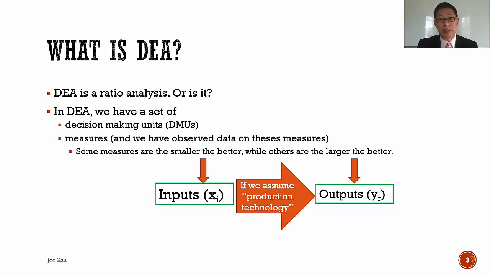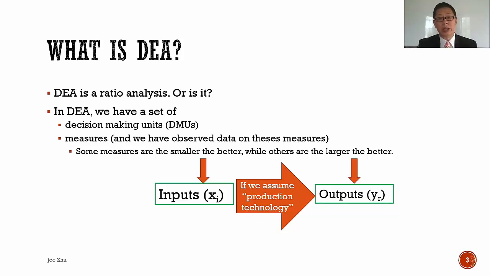In DEA, and later on I will talk about it, if it's used as a benchmarking tool, you basically group the measures into two groups, at least two groups. There are papers published that deal with the measures that do not fit into these two groups. So basically, what are the inputs? The input measures are usually the smaller the better, and the outputs are the larger the better.